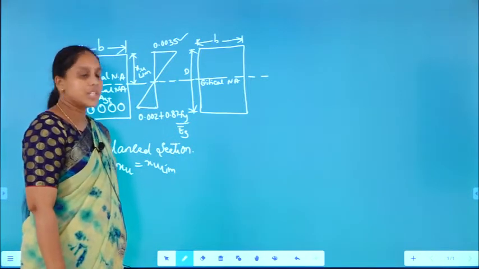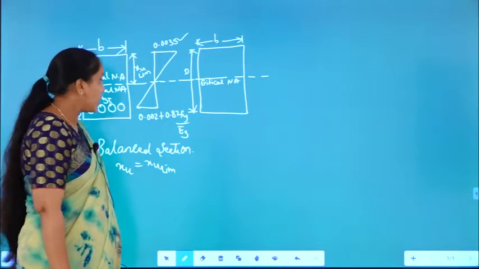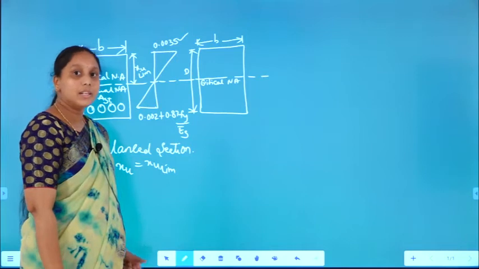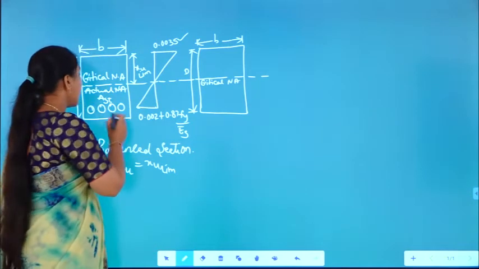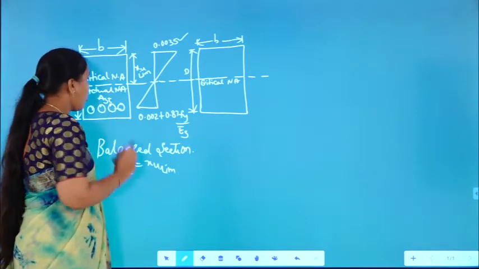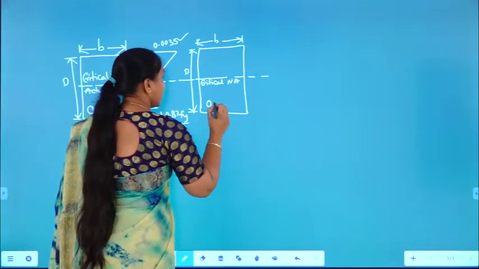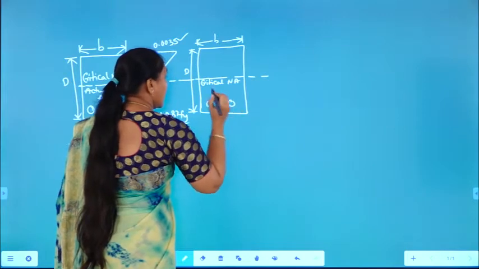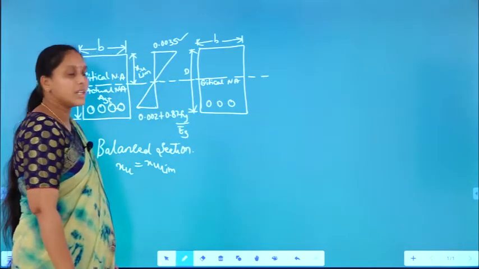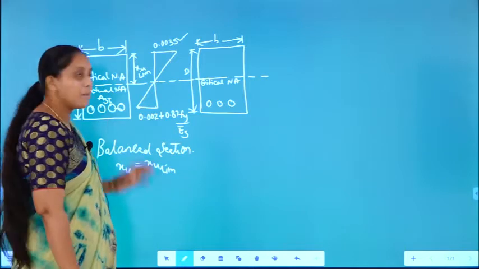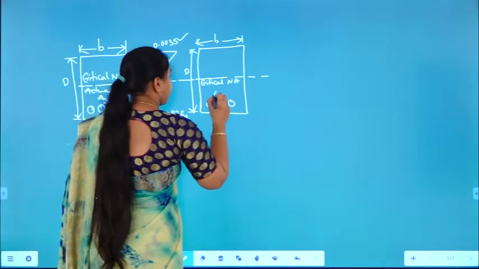An under reinforced section is a section in which the reinforcement provided is less than the balanced section. So, here how many reinforcements are provided? 4 reinforcements are provided. So, here I am providing only 3 reinforcement. That is what is happening, the area of steel is being reduced here compared to the balanced section.